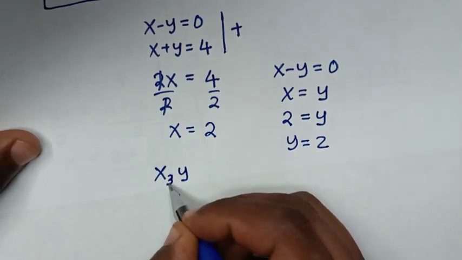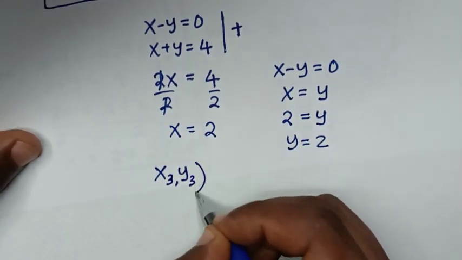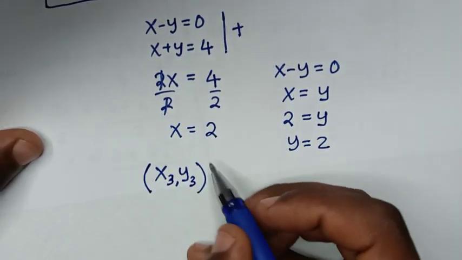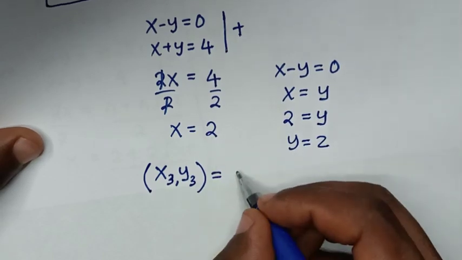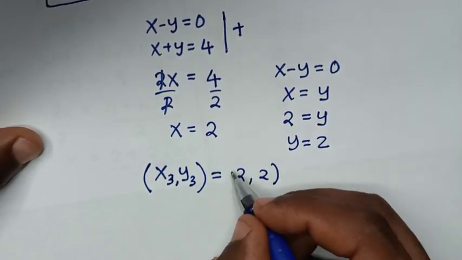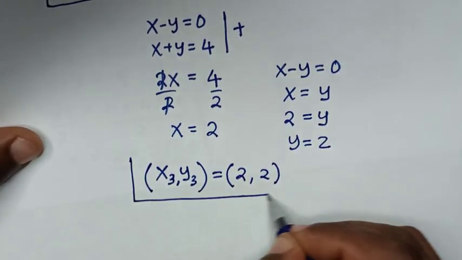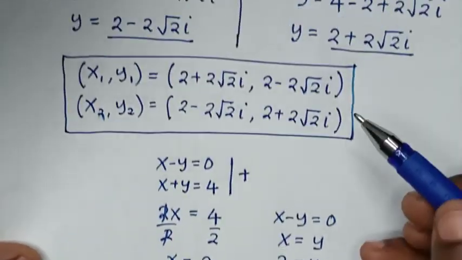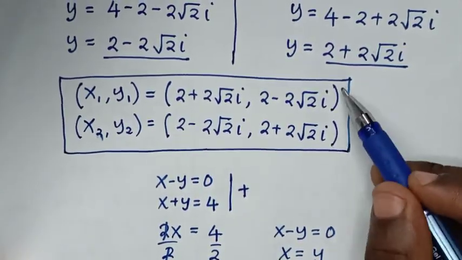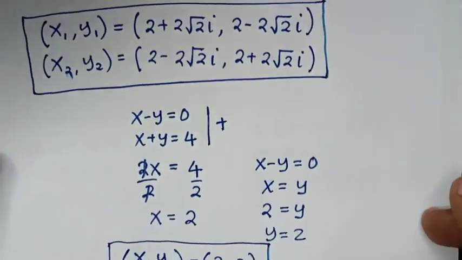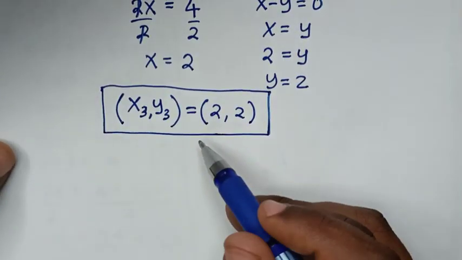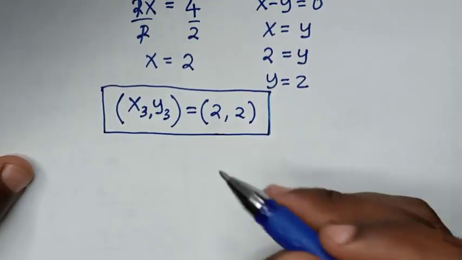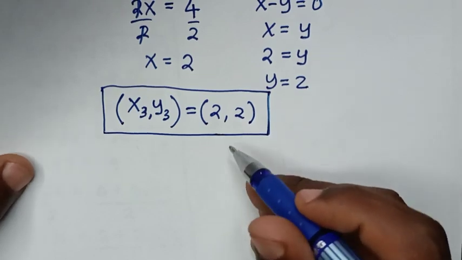So x3 comma y3 is equal to 2 comma 2. This is the third solution, whereas this is the real solution, and these two are complex solutions.